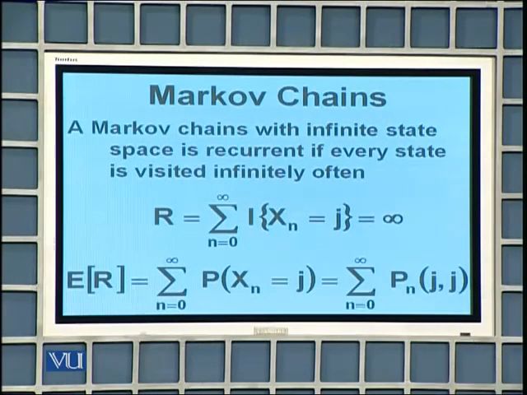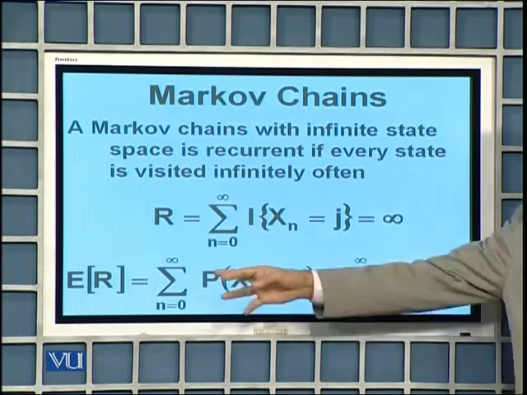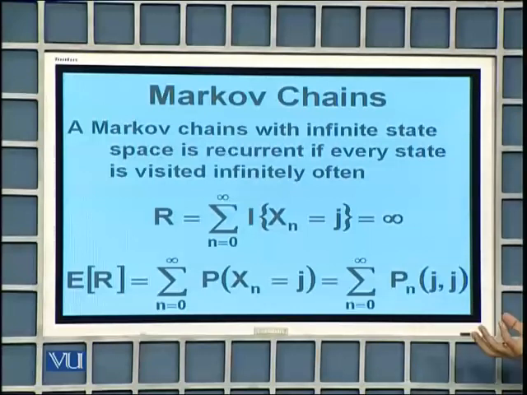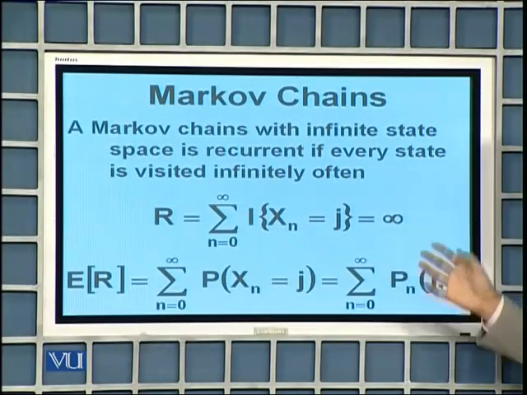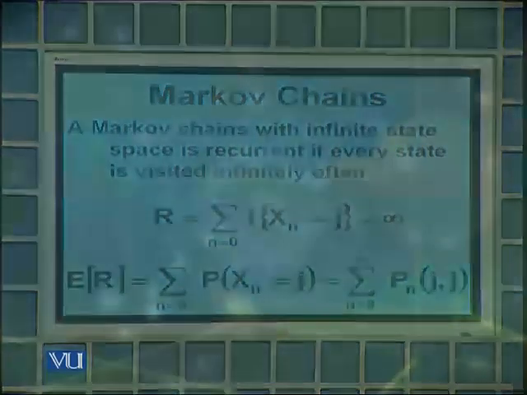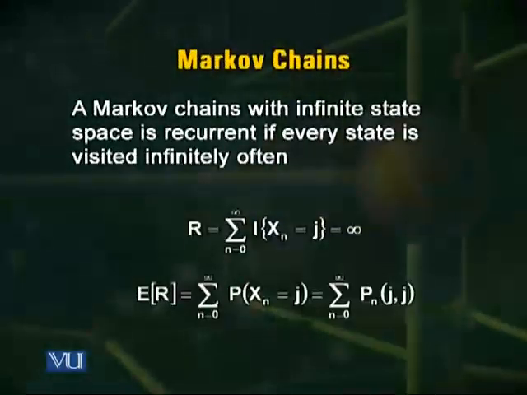So that is going to give you the expected value of the number of visits to a certain state. And if that expected value comes out to be a finite number, then this Markov chain is a transient Markov chain. And if that number comes out to be infinity, then this Markov chain is a recurrent Markov chain.